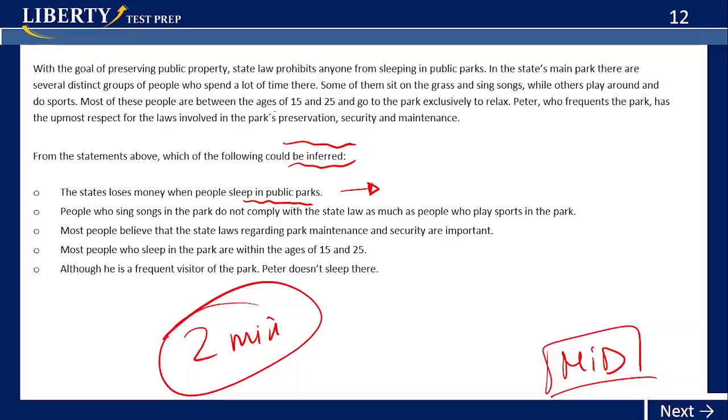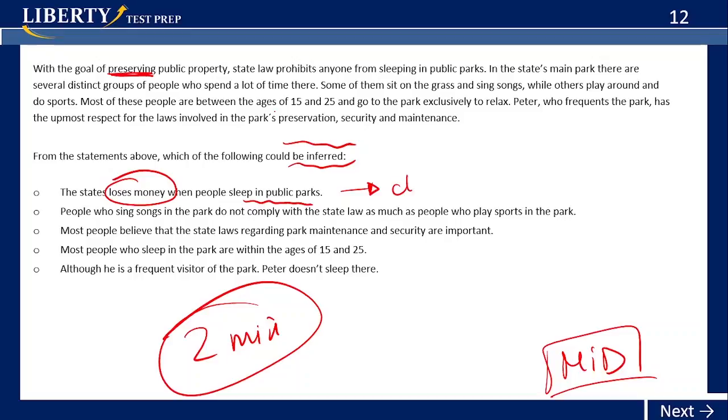Maybe the image of the park is going to be affected, but it's not like the people who are sleeping there are breaking something physical. So because of the information here, we cannot say that they are losing money. We know that they are being affected in some way. Yes, the preservation is being affected, but not necessarily in monetary terms.